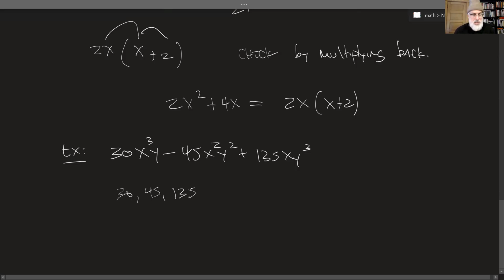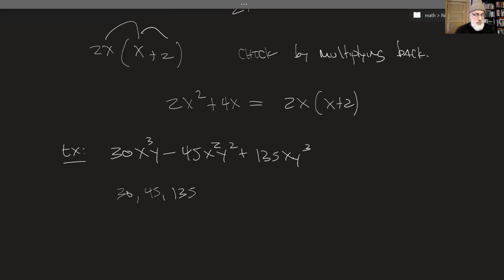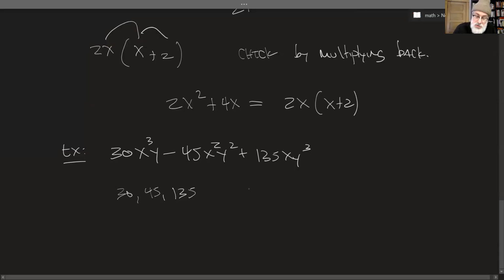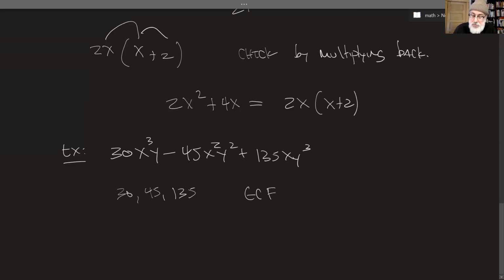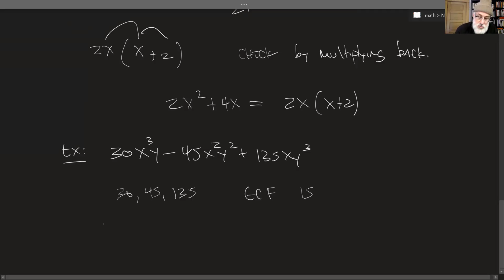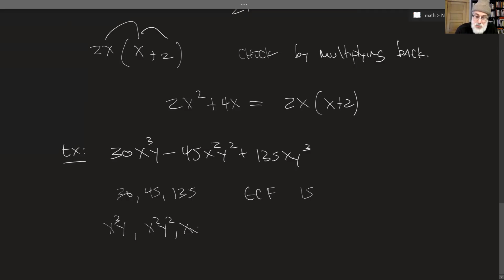We'll ignore the negative. We'll just keep it negative. Each of these is divisible by 15. So the greatest common divisor, but we're using factor, for the coefficients is 15. Now the first term has x cubed y, the second term has x squared y squared, and the third term has x y cubed.